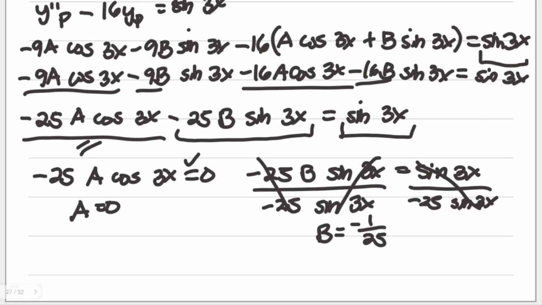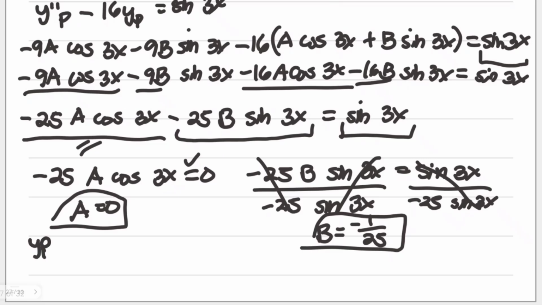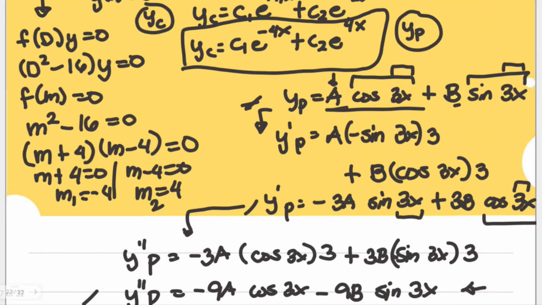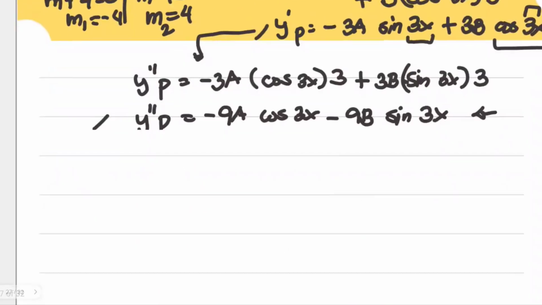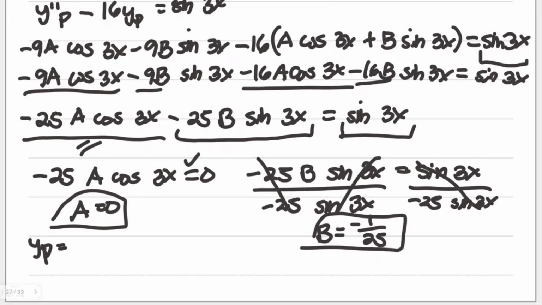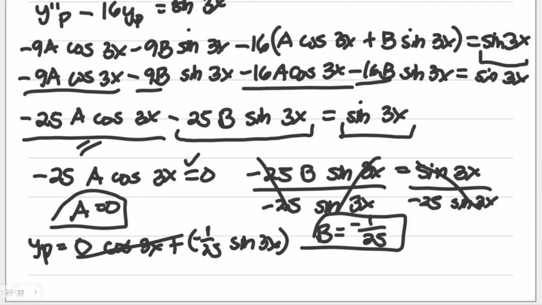In short, with this a and this b, your y sub p, sorry for that, don't have much space, y sub p, which is expressed in this form, a cosine 3x plus b sine 3x. So it's 0 cosine of 3x plus your b, negative 1 over 25 sine of 3x. This becomes 0. So y sub p is just equal to negative 1 over 25 sine of 3x.